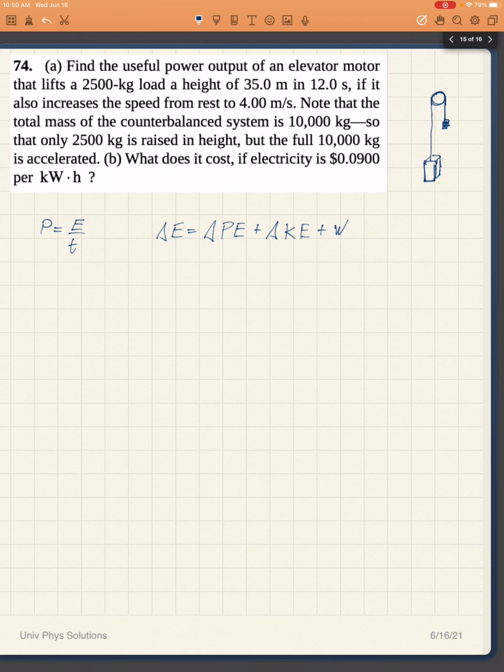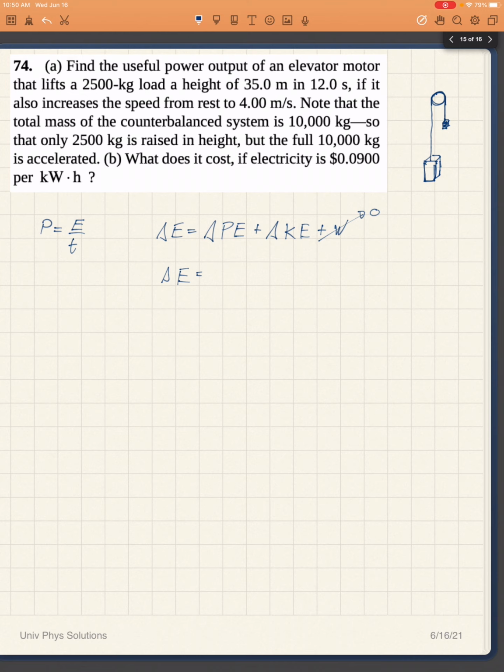Now, since we're not given any friction or something like that, we will not be having any work done in the system. Then my change in energy will be equal to my change in potential energy. Only 2500 kilograms are raised in height.